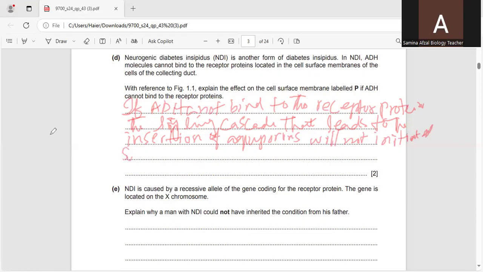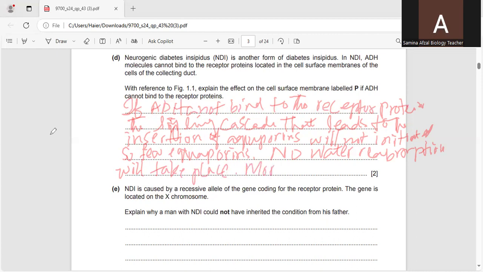So few aquaporins, no water reabsorption will take place. More urination will occur.